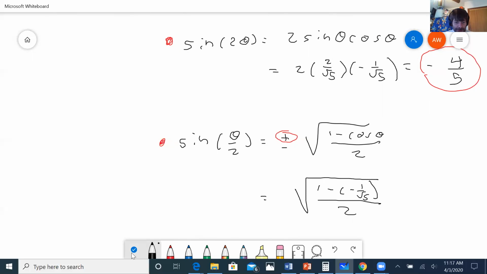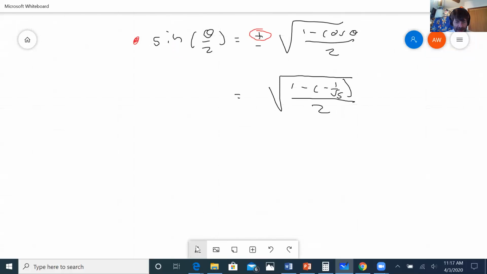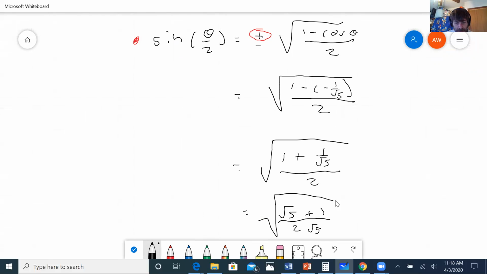All over 2. Maybe I'll just get rid of that minus negative because that's weird to look at. But then multiply top and the bottom by root 5. And I have my answer.